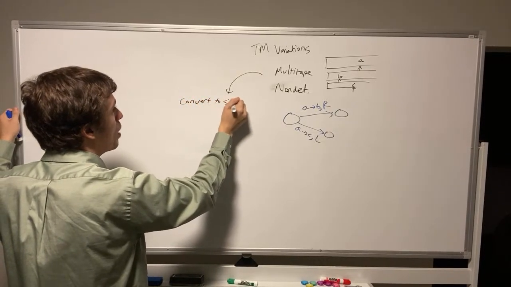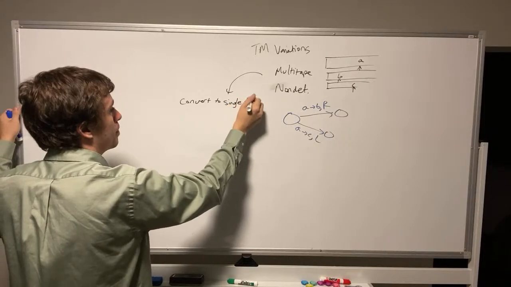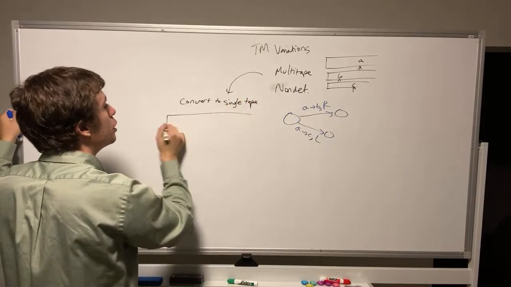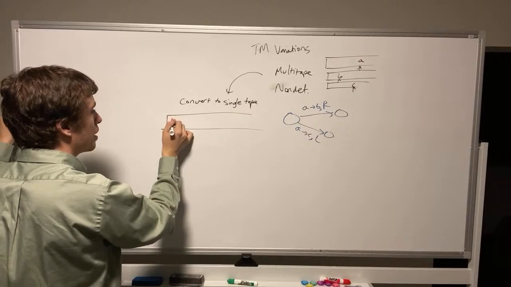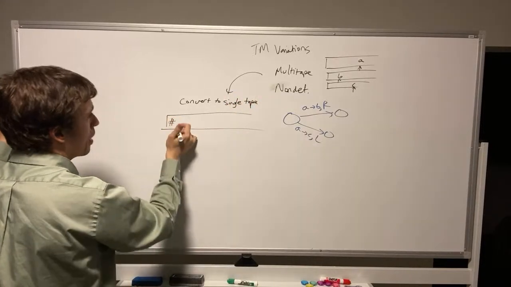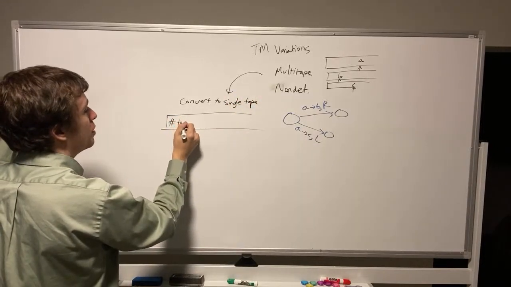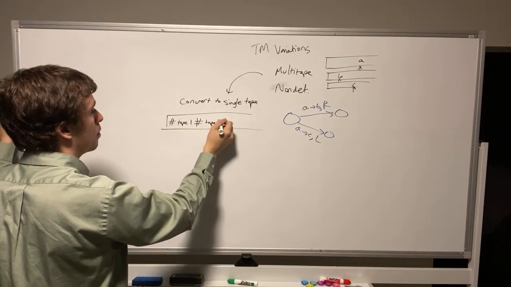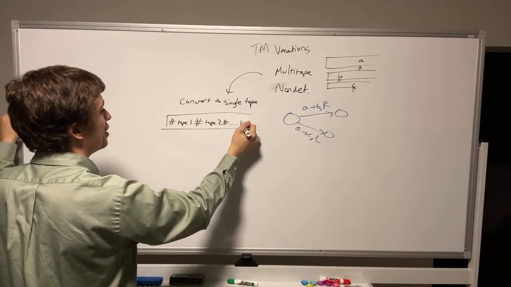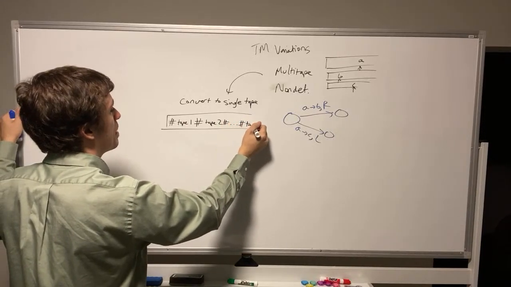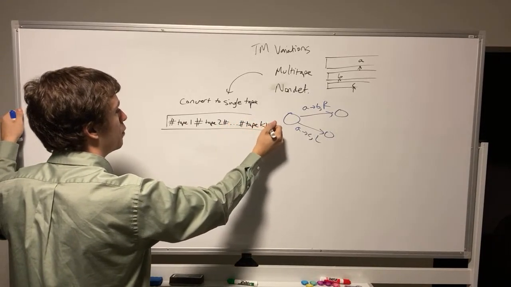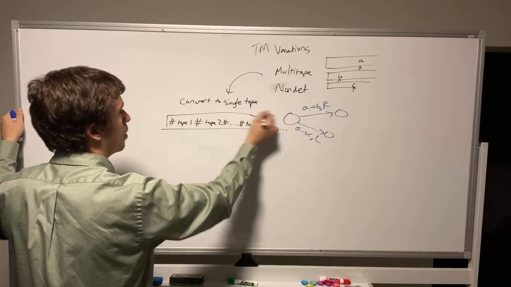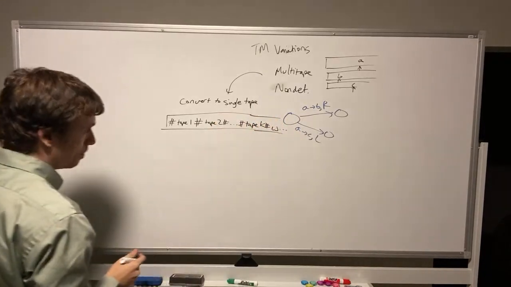Essentially, you put delimiters between all of the tape contents. So you say tape 1 goes here, tape 2 goes there, etc. up to tape K for some number K, and then it's just blanks after.